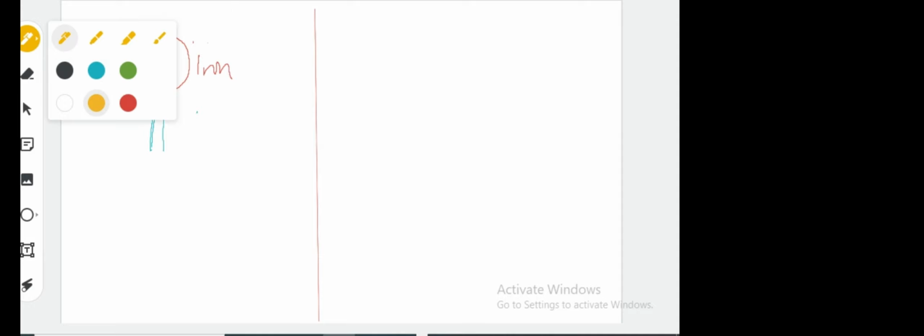If I have a conductor, let's say a piece of iron or aluminium, and I do something to it and get charges transferred to it, I'm going to use this yellow line to show that charges are transferred to this piece of iron.